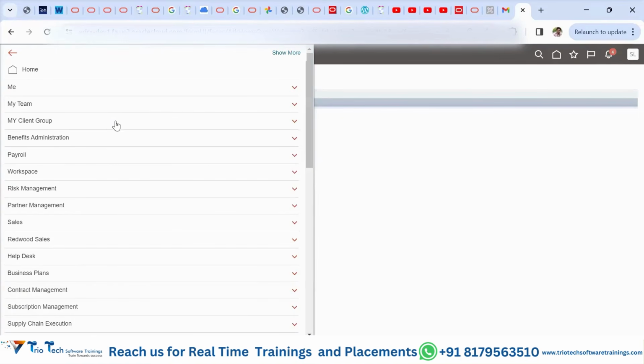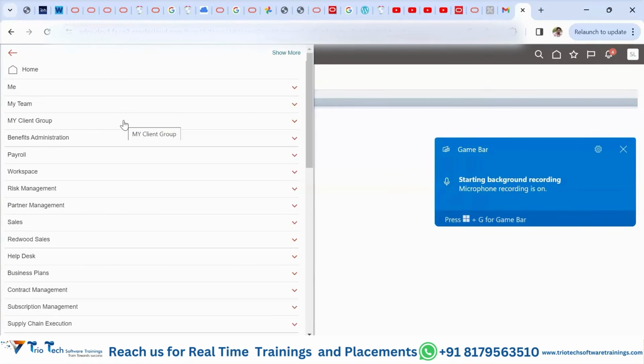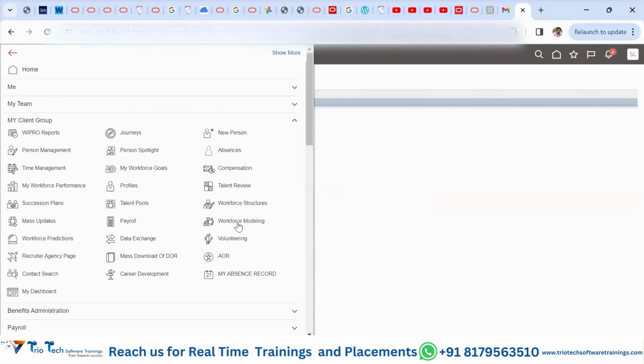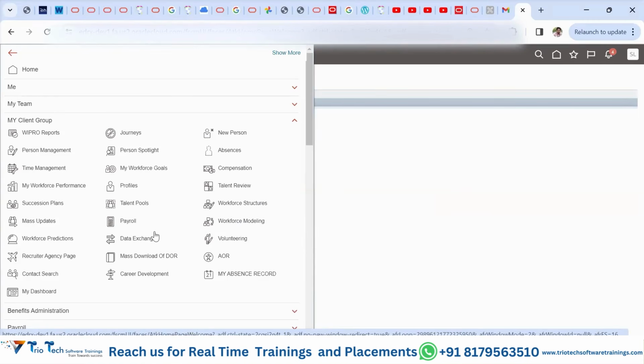As we said, this is mainly focusing on the technical side, but as part of this course curriculum we will be touching the functional aspect as well, because the technical person has to do the testing. If you are extracting the data, you have to ensure that the data has been extracted correctly, so you need to validate from the application as well, right?